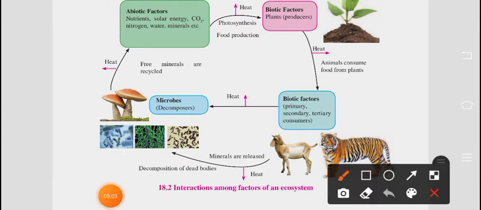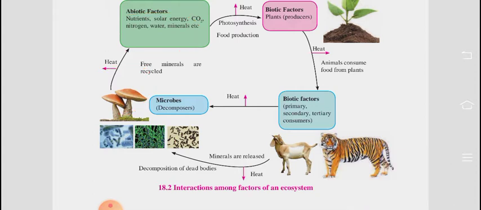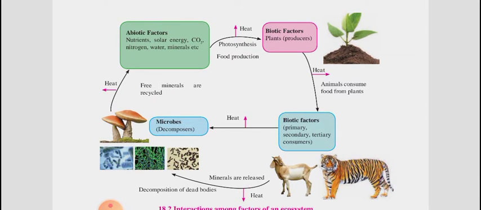And afterwards these microbes, which are decomposers, release carbon dioxide, nitrogen, and water, and heat is released. Whatever is released comes under abiotic factors, and these abiotic factors are very helpful for the growth of plants.